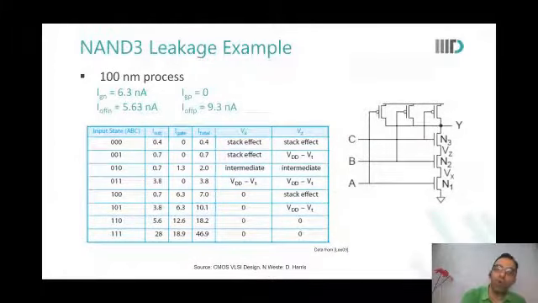For example, if all the inputs in the NMOS stack are 0, then the subthreshold leakage is 0.4. But when all of them are 1, then essentially, let us not say all of them are 1, let us say 110, then the subthreshold leakage through the NMOS side is 5.6. When all of them are 1, then the PMOSs are leaking.